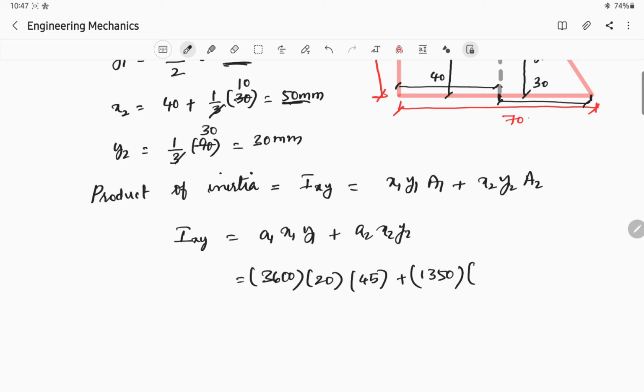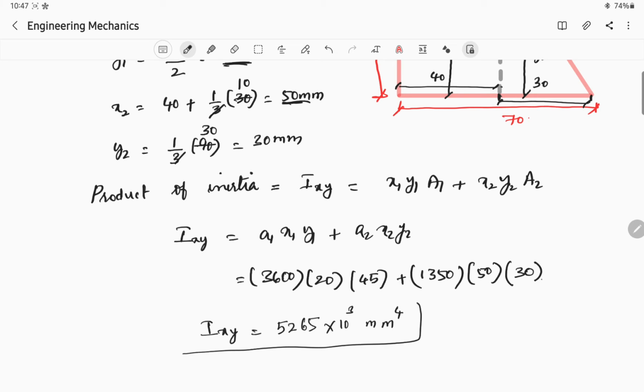What is the value of x2? 50. y2 is 30. So if you simplify Ixy you will get the value as 5265 into 10 power 3 mm power 4. So this is the value of product of inertia.